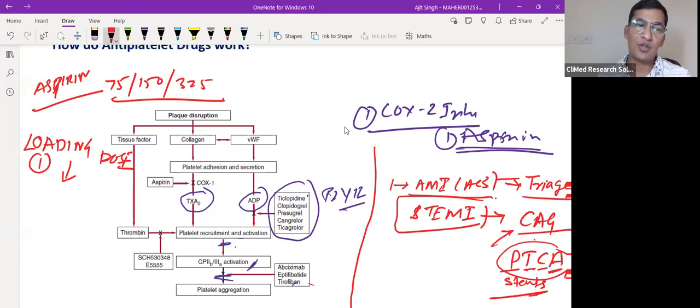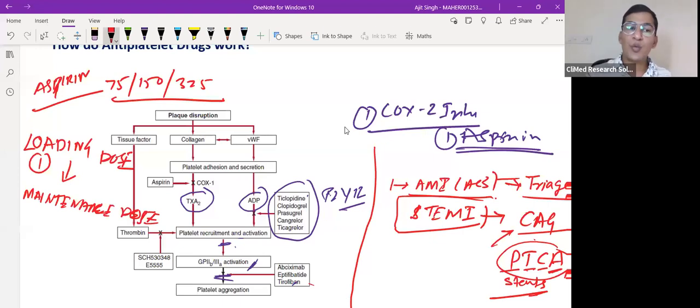Only one loading dose, and after that we give the maintenance dose. Maintenance dose means the daily dose.